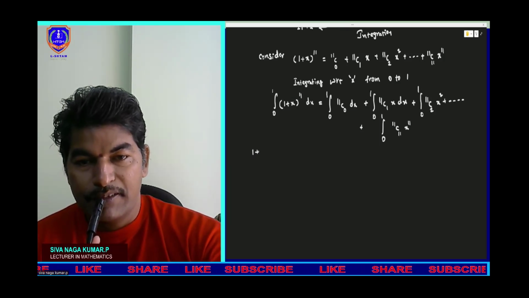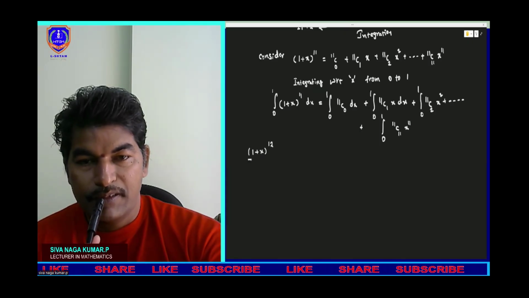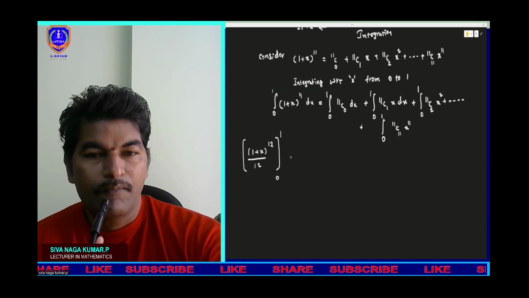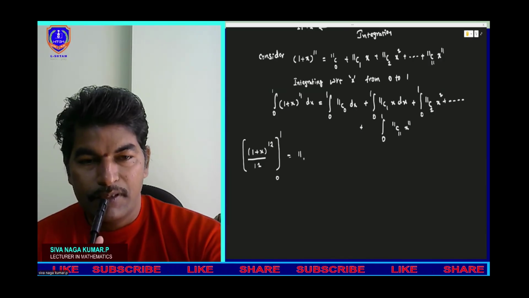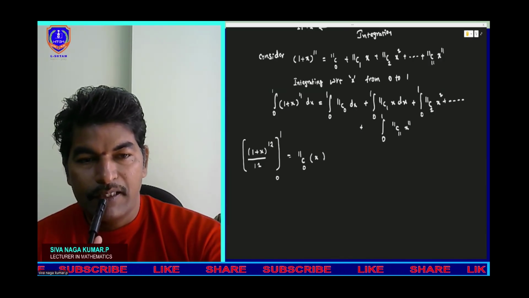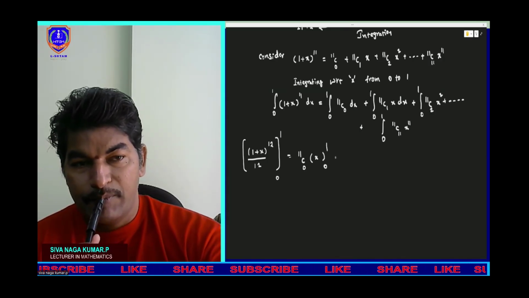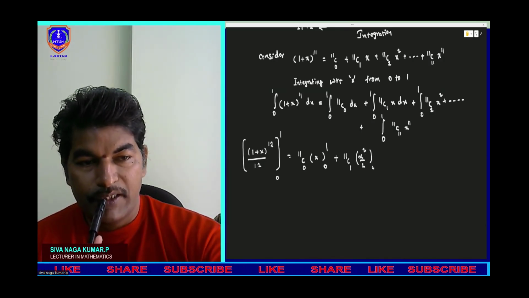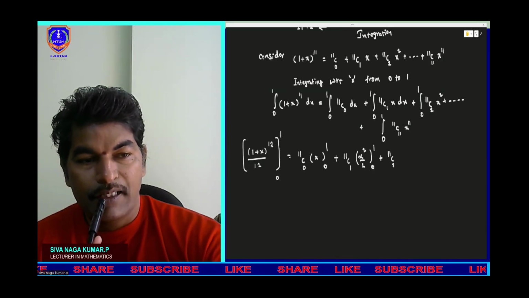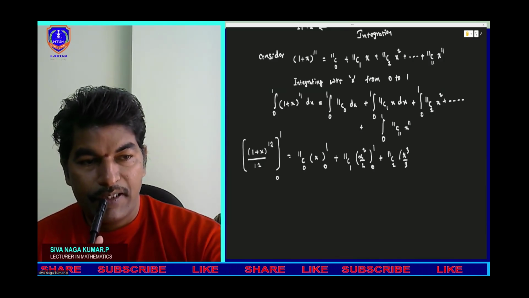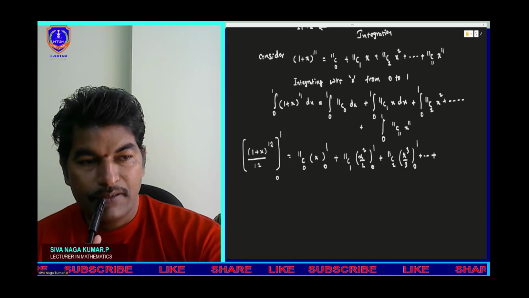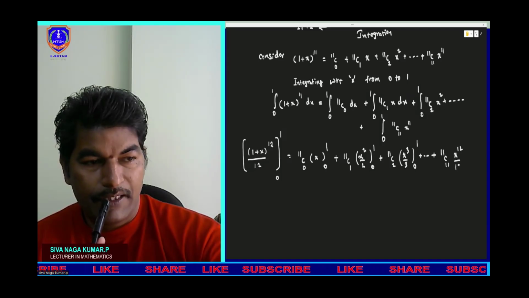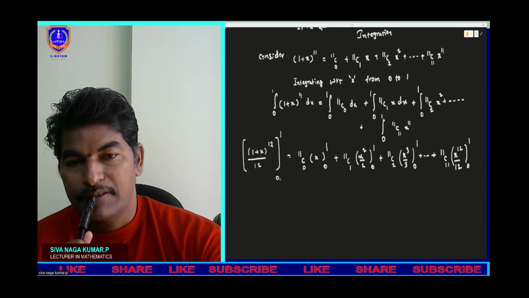The integral of (1 plus x) whole power 11 is (1 plus x) whole power 12 divided by 12 under the limits 0 to 1, and is equal to 11C0 times the integral of 1, which is x under limit 0 to 1, and 11C1 with the integral x square by 2 under limit 0 to 1, and 11C2 x cube by 3 from 0 to 1, and so on, and 11C11 x power 12 by 12 under limits 0 to 1.